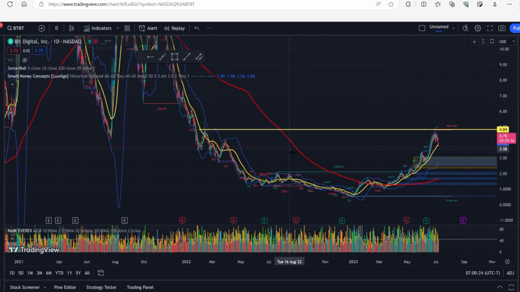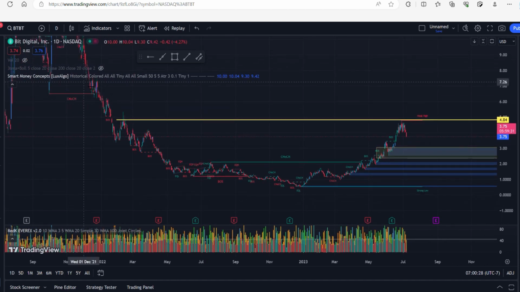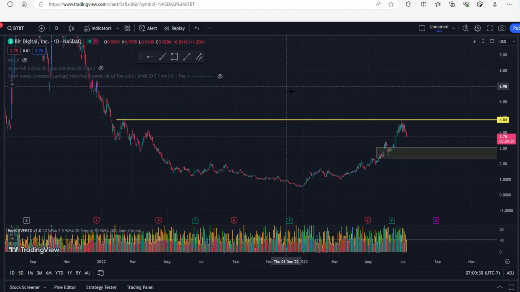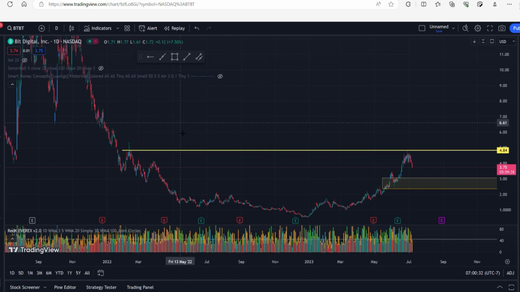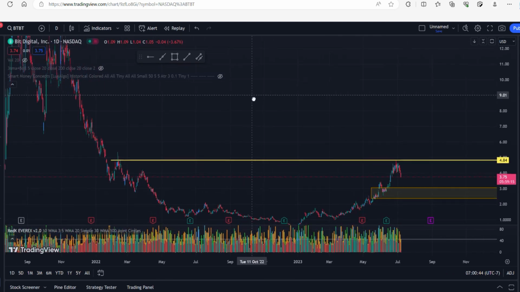Let's go back to the 1 day. Let's get all the indicators off this chart for a second. Yeah, get above that. A little bit of chop here. 775 is a little bit of resistance, stronger resistance at the 983 range.